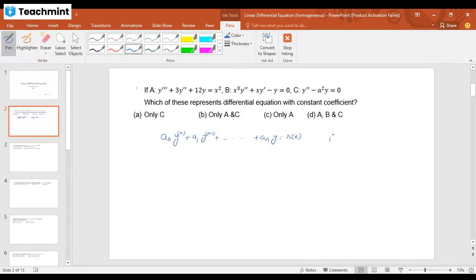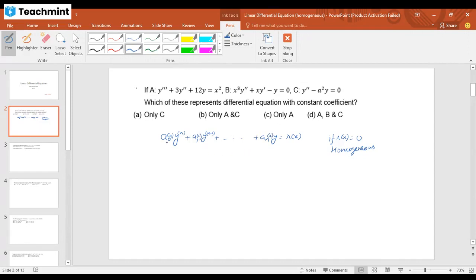So if R(x) is equal to 0, that means if there is no term other than the dependent variable and its derivative, then that differential equation is said to be homogeneous linear differential equation. And second thing is here these coefficients a0, a1, a2, and so on an, they may be constant or they may be function of x.